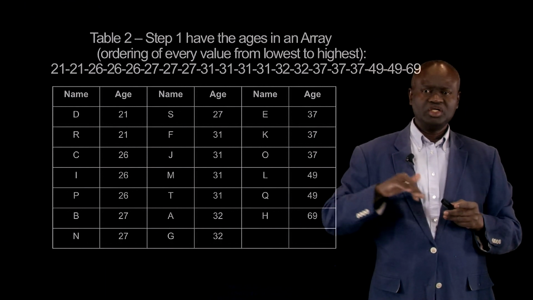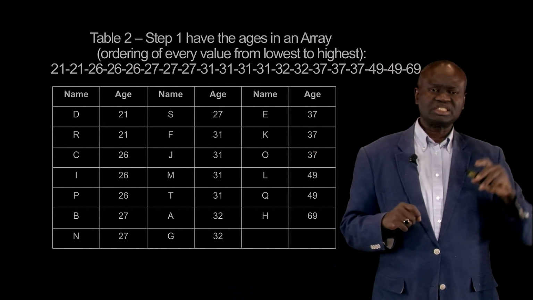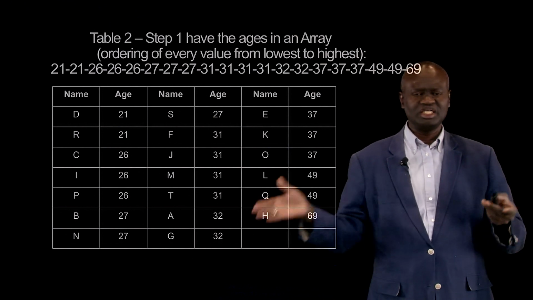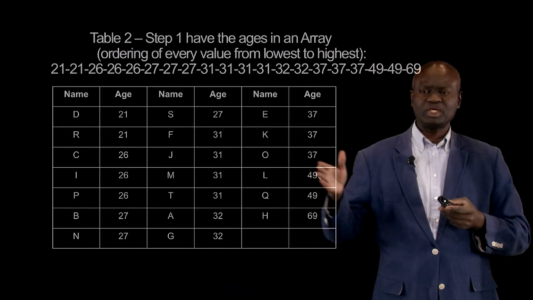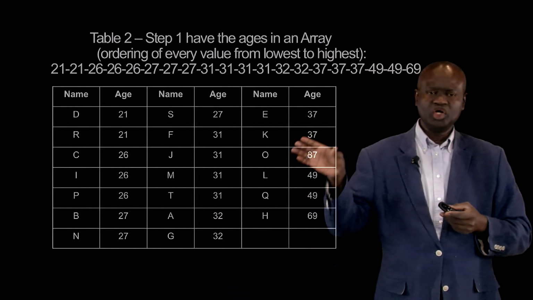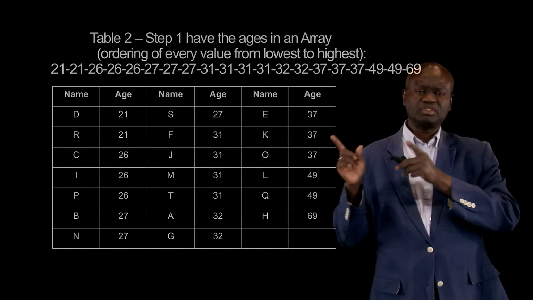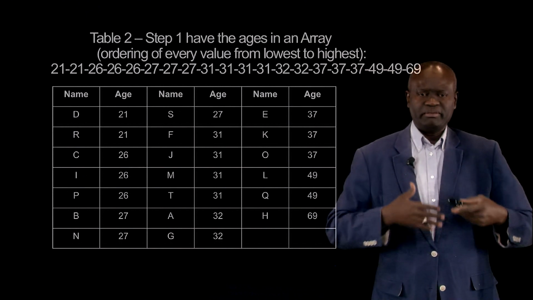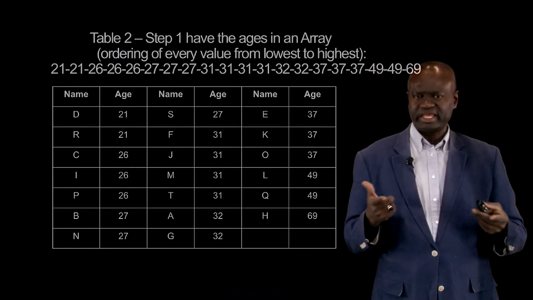So here, the lowest number is 21. The highest number is 69. When they were scrambled, you couldn't see which one was the lowest, which one was the highest. So now, we organize them in a way that we can go through all of the numbers from the lowest to the highest. In some books, you will see that they are from the highest to the lowest. But I really profess that you use the lowest to the highest. Why?